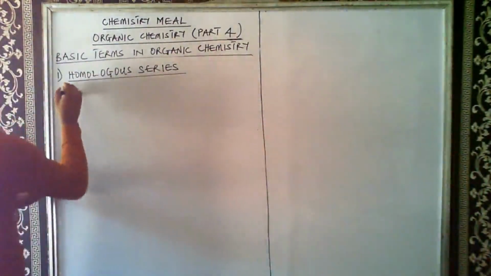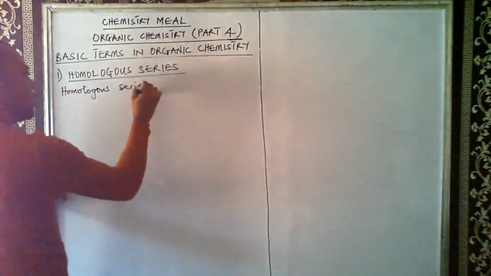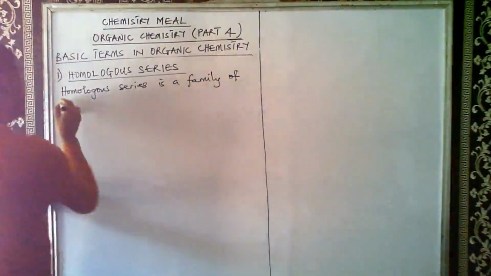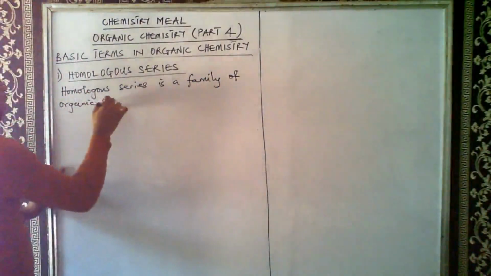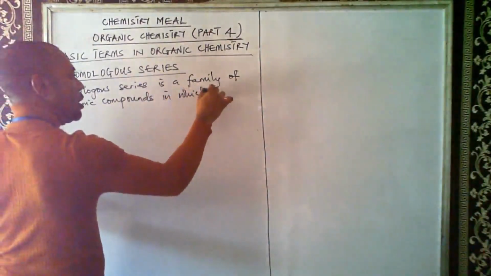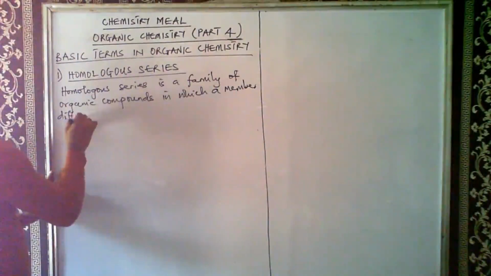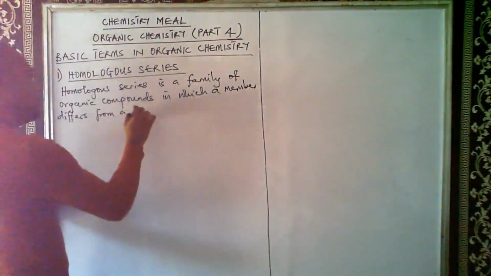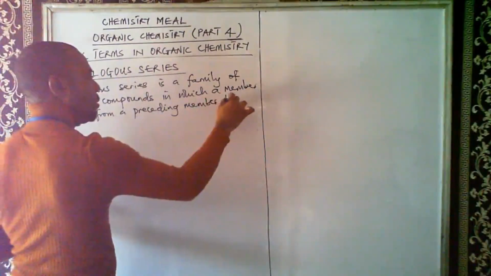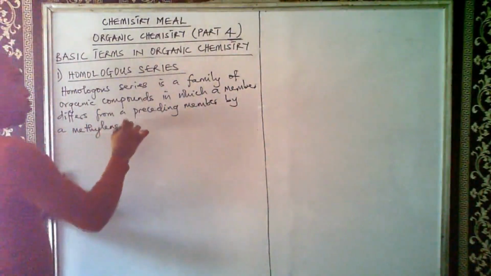So homologous series is a family of organic compounds in which a member differs from a preceding member by a methylene group.